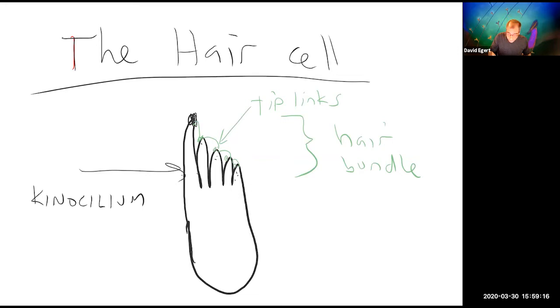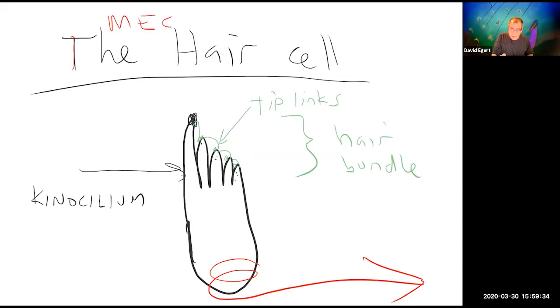And then typically a hair cell has a neuron that is connected to its bottom that it can use to send messages, to talk about what's happening. The basic idea, this is a mechanoreceptor cell. Mechanoreceptor meaning it takes a physical movement and converts it into an electrical signal.